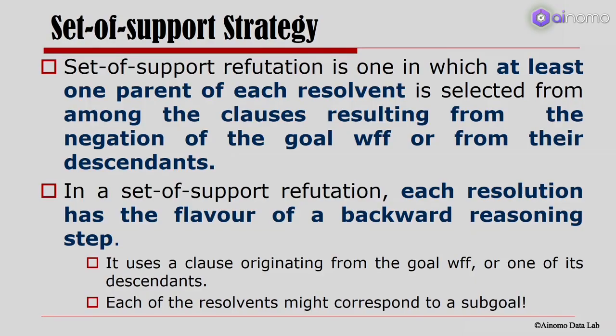So, in fact, it has the flavor of a backward reasoning step, because you are resolving with clauses that result from the goal well formed formula or from descendants of the goal well formed formula. So, each of the resolvents might actually correspond to a sub goal.